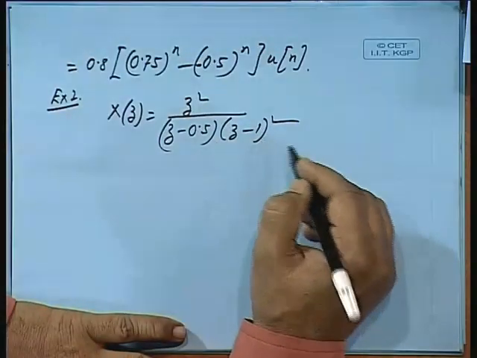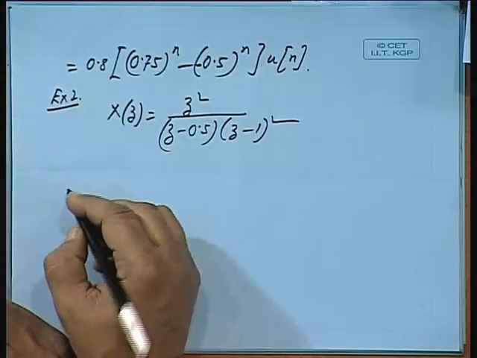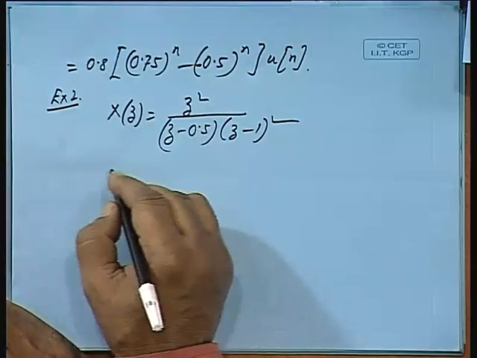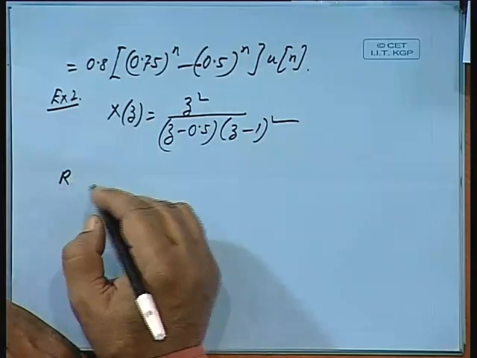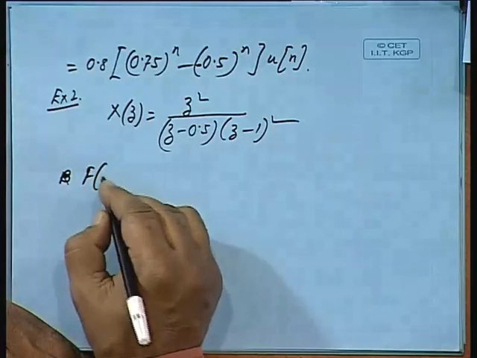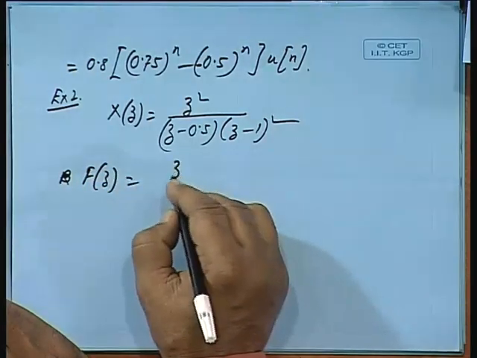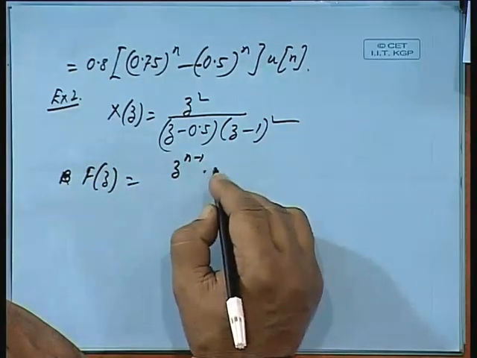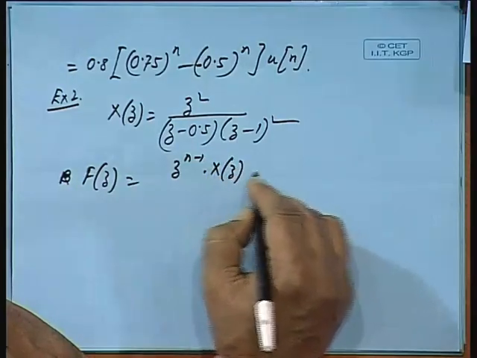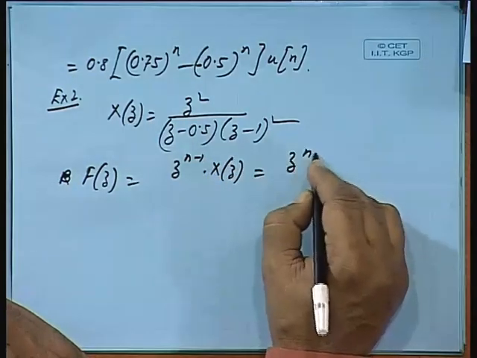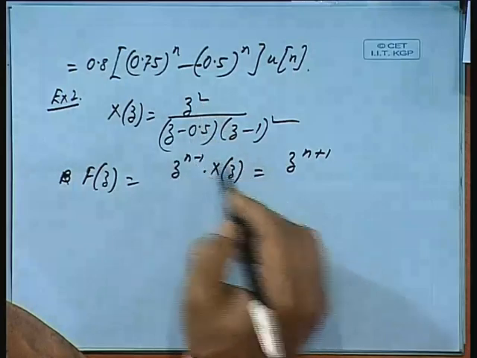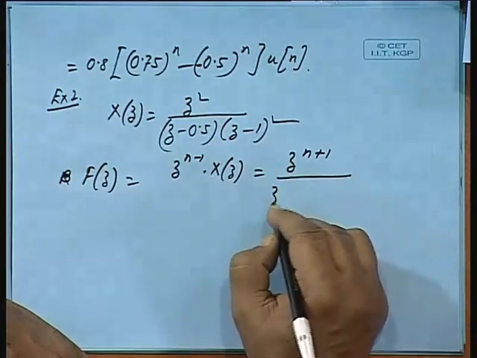So, you have to differentiate and then find out the residue. Before that let me compute f z, which will be z to the power n minus 1 into x z, which will be z to the power n plus 1 by z minus 0.5 into z minus 1 whole squared.